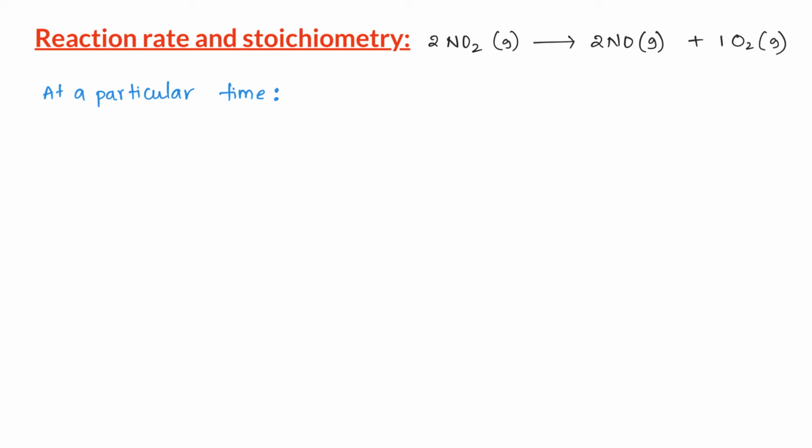That is, at any instant of time, if 50 molecules of NO2 are consumed, then 50 molecules of NO must be formed. Mathematically, we can represent this by the following equation. Minus d concentration NO2 divided by dt is equal to plus d concentration NO divided by dt.